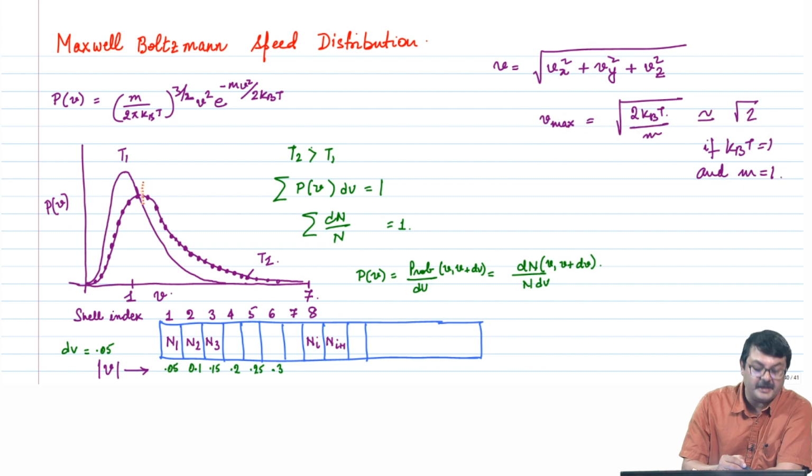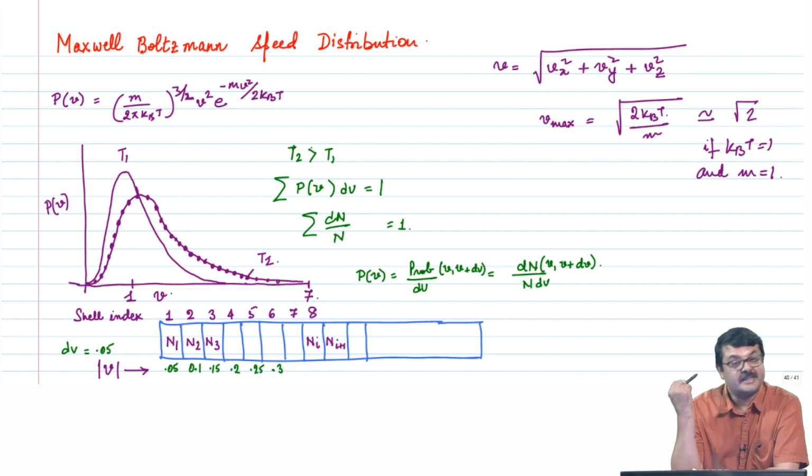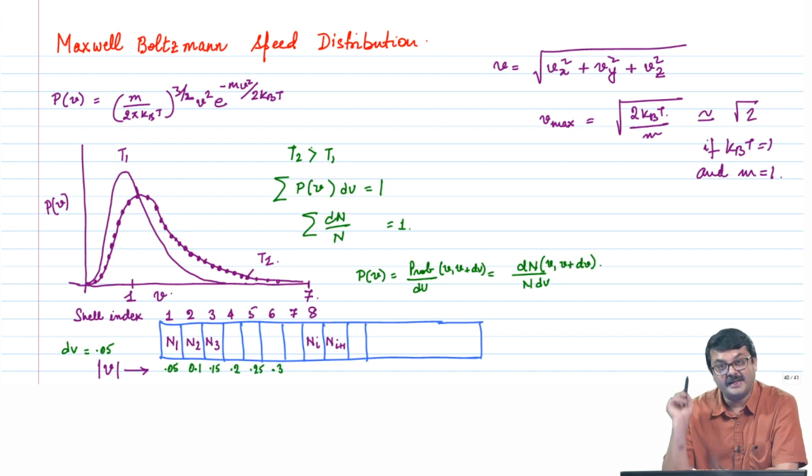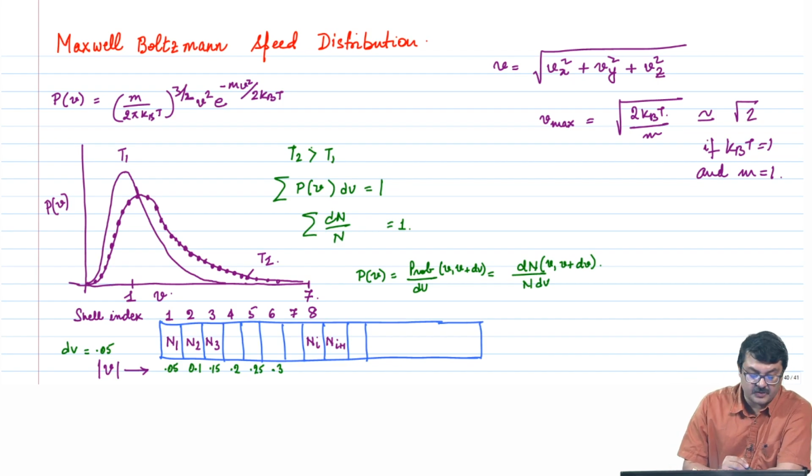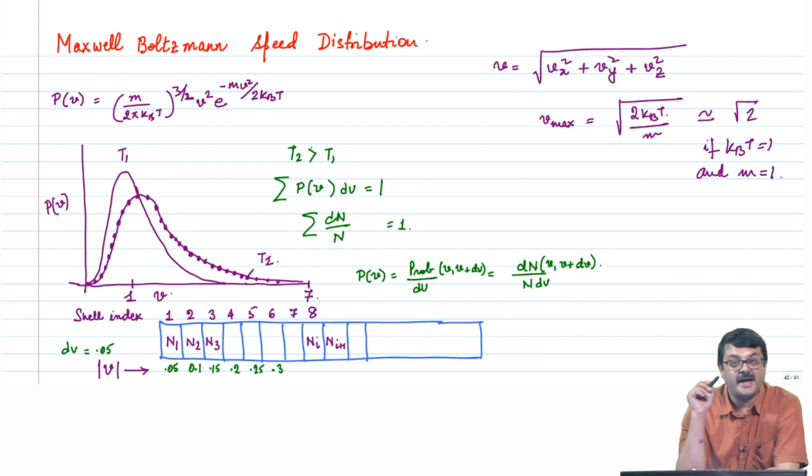And you know that the position of the peak of the Maxwell-Boltzmann speed distribution is root 2 kBT by m. So if kBT is 1 and m equal to 1, the position of this peak will be at root 2.